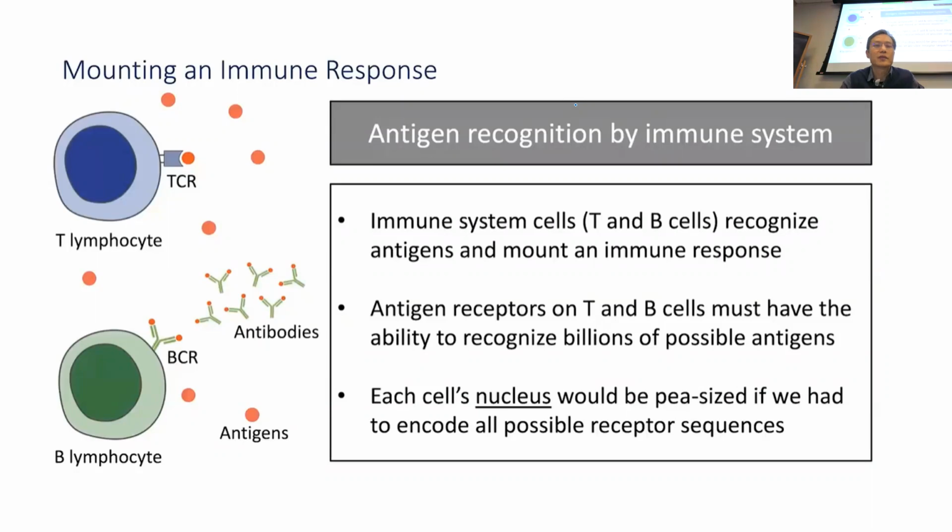Okay, so the human adaptive immune system relies on lymphocytes, mostly T cells and B cells. We call it adaptive because it's not like the innate immune system, where anything foreign will be attacked, like macrophages will start to attack it directly.